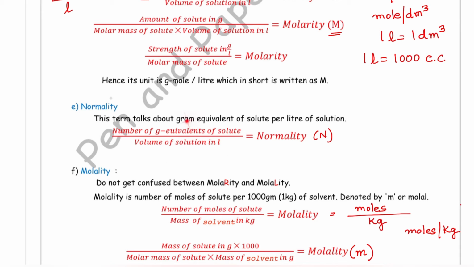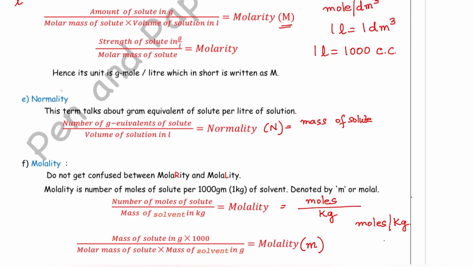That means the number of gram equivalents of solute per liter of the solution. In other words, normality is mass of solute divided by, instead of the molar mass, the equivalent mass of solute.